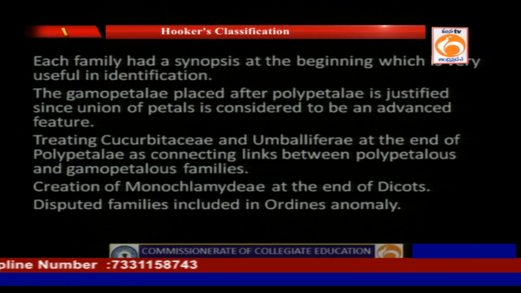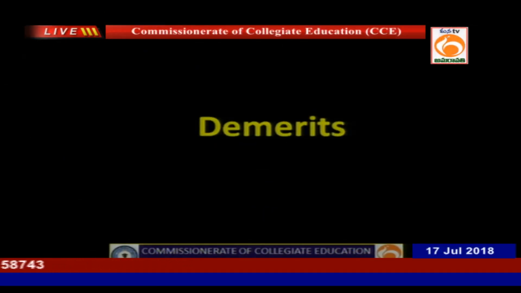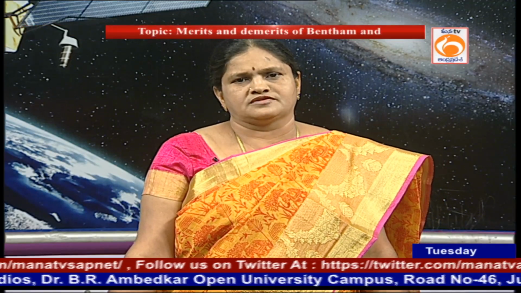Next, in the Gamopetalae, you can observe the three series starting from the Inferae, Heteromerae and ending with Bicarpellatae. Placing the Bicarpellatae after Heteromerae is also justifiable, because there is a reduction in the number of carpels.